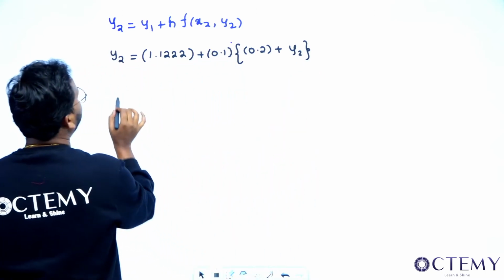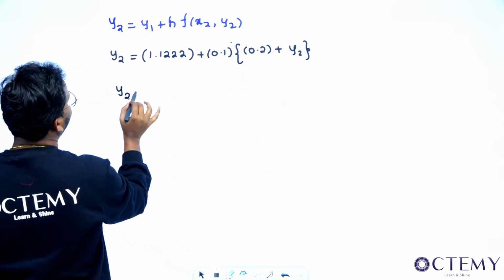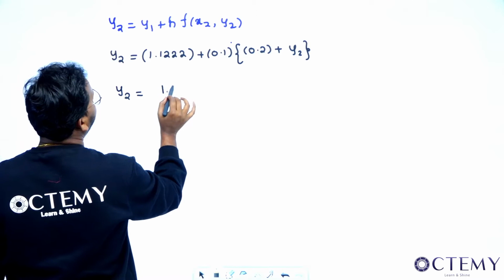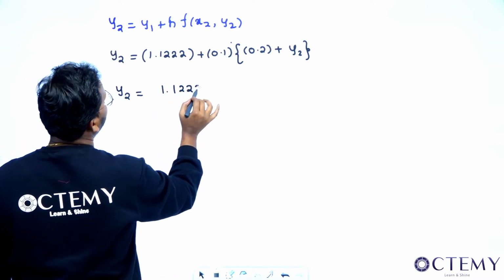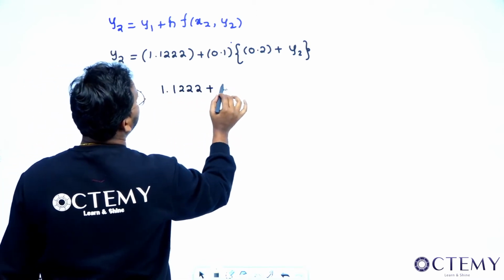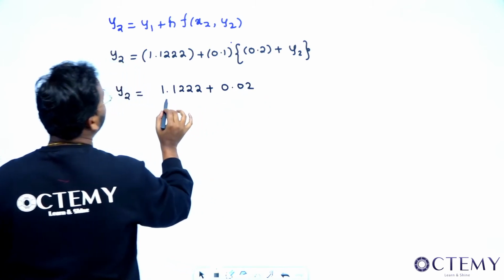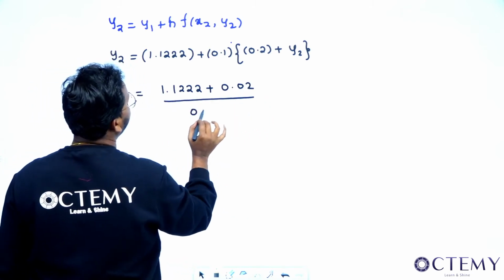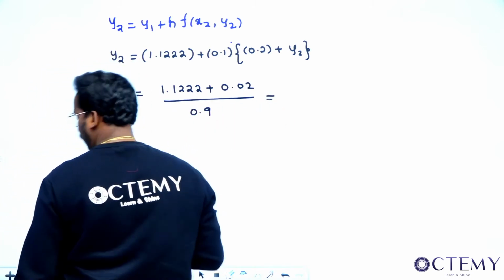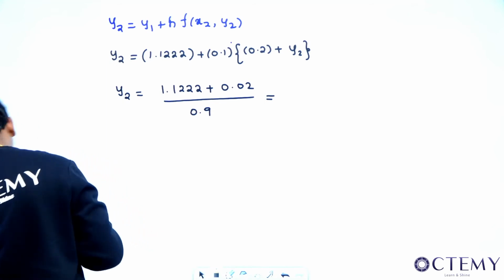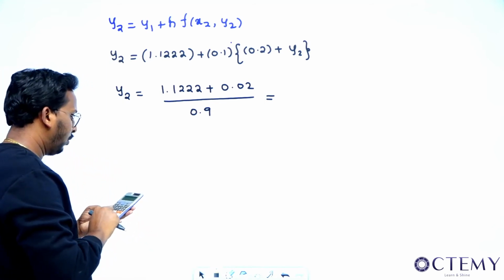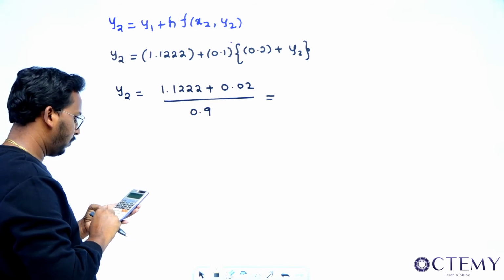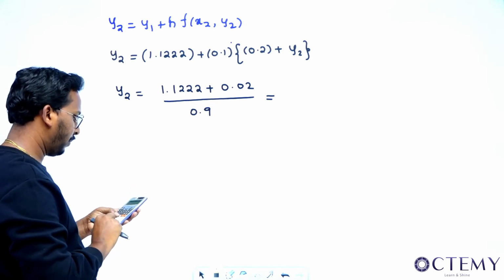So from this, if I find y2, see, sir, what will I get? That would be 1.1222 plus 0.02 divided by 0.9. See, what will this be equal to? 1.1222 plus 0.02 divided by 0.9.